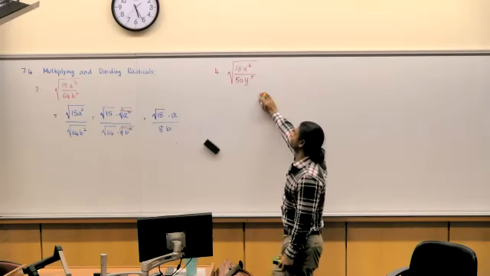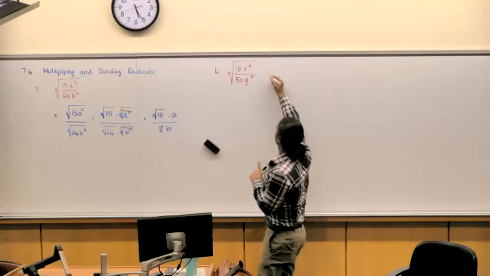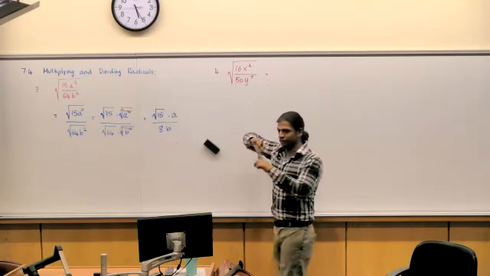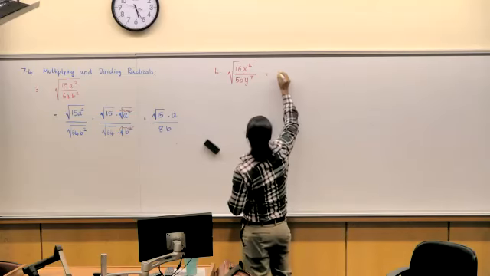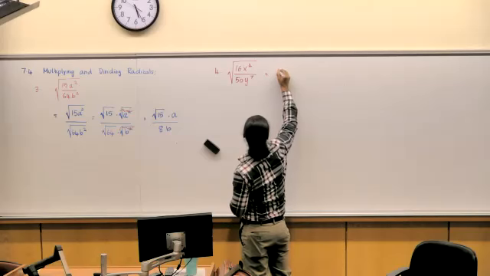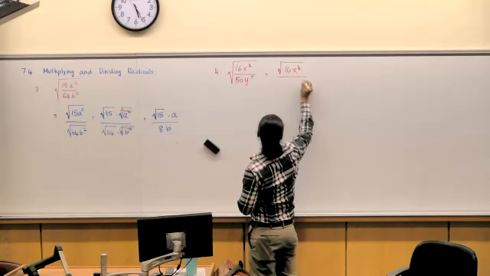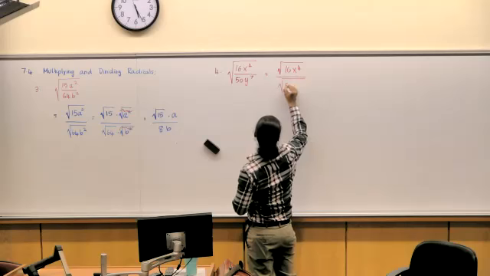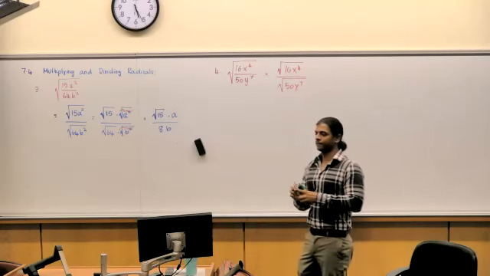As I mentioned, anytime we deal with square roots, we want to keep perfect squares. Going to split the numerator and denominator. Yes.